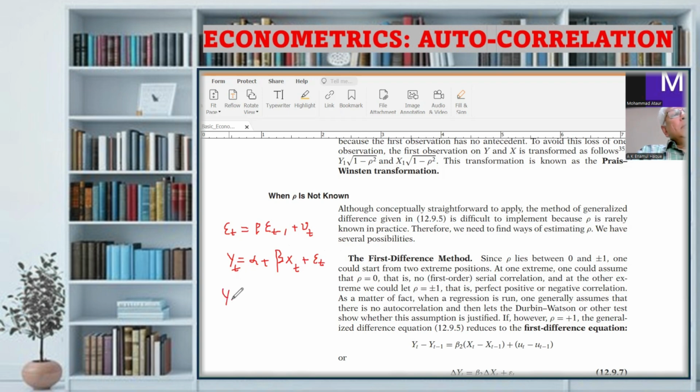So if I say yt minus 1 equals alpha plus beta xt minus 1 plus epsilon t minus 1, and I multiply this with rho, this will be rho yt minus 1 equals rho alpha plus rho beta xt minus 1 plus rho epsilon t minus 1.